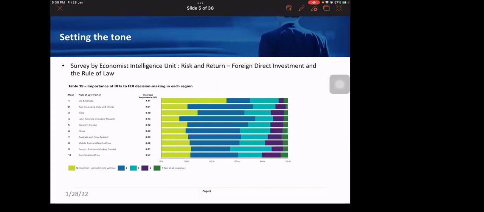Surprisingly, it's the US and Canada which garner more importance, and Asia, of course. But you can see that India comes in the top 3. This really shows that multinationals give a lot of emphasis to this while looking at investing into a host state.